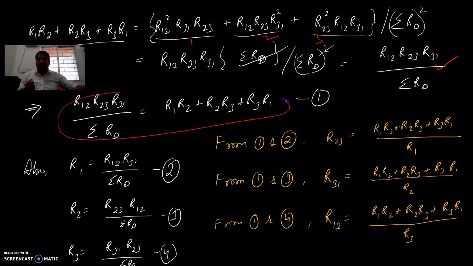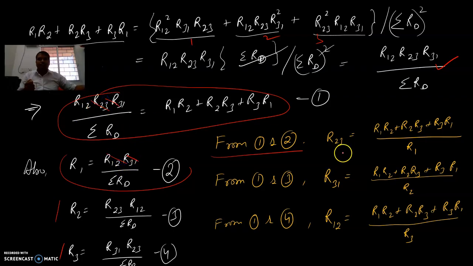This expression will help you because you have also got the previous expressions 1 and 1 for R1, R2 and R3. From 1 and 2 you can take a division of them. Obviously 1, 2 and 3, 1 will cancel out, and you want to get R12.